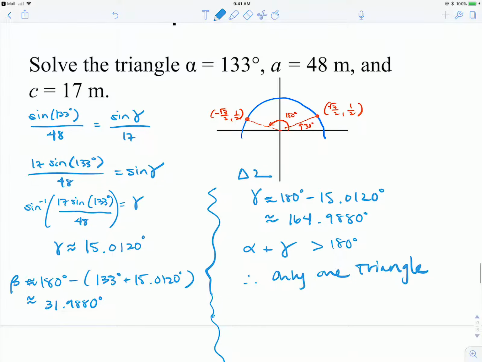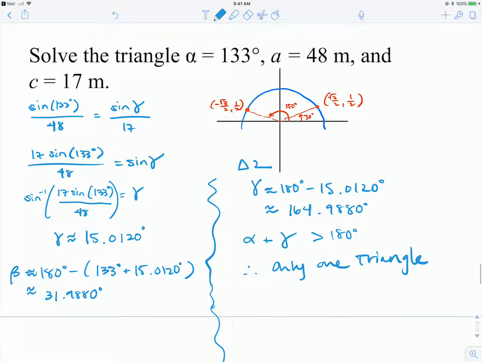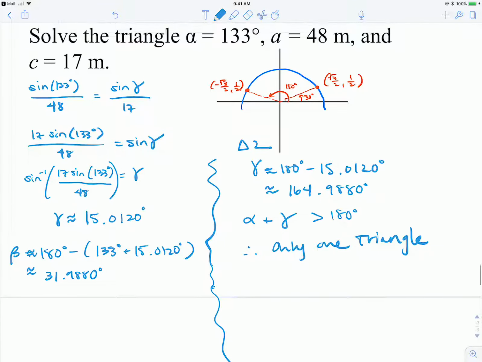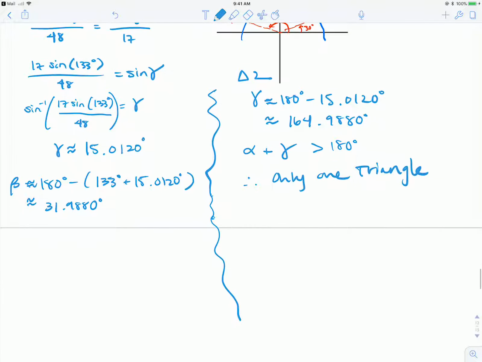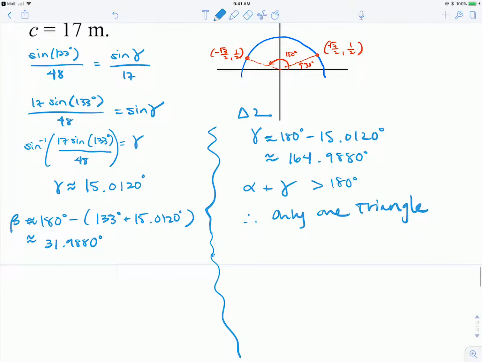Okay, so now we need to find side B. Side B is all that we're missing. So use the given information as much as possible. So 48 over sine of 133 degrees equals B over sine of 31.9880 degrees.